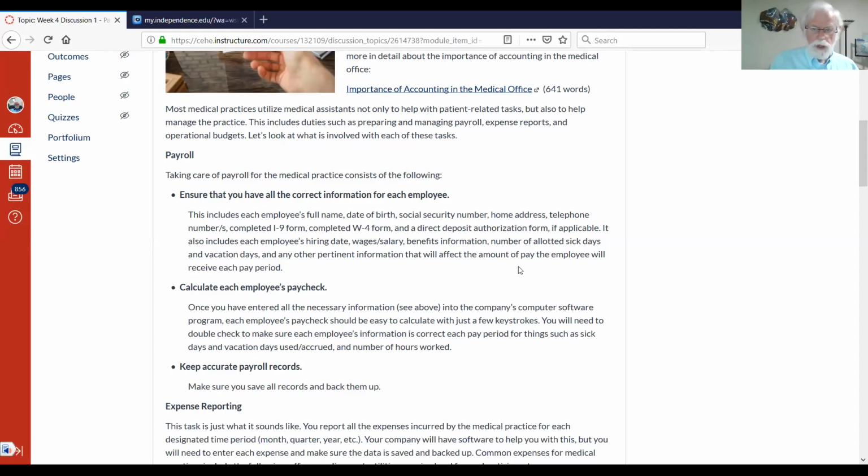What benefits you have, the software you use will usually calculate based on the information that's put in. It'll calculate various things like the benefits, the vacation and sick day accruals, etc.